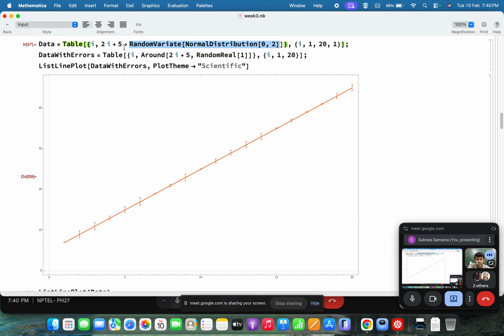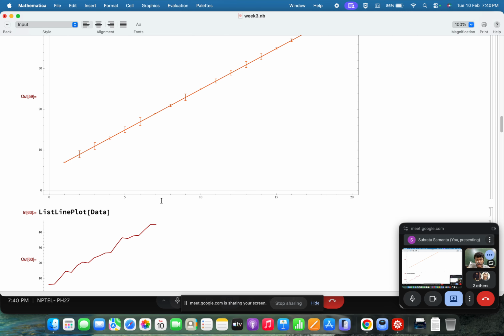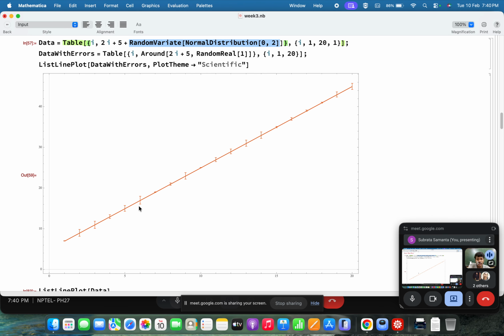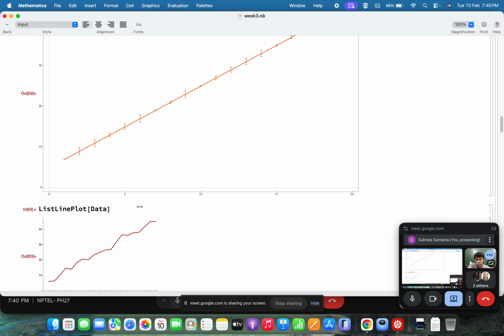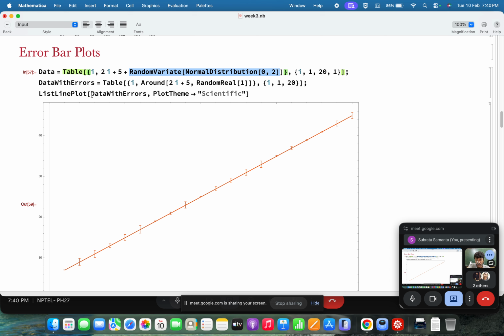Now I add a random number, and that is why it is zigzag. Here I plot basically the error at each point. You can see there is no error at one point and then there is an error at another, because it deviates from the line.